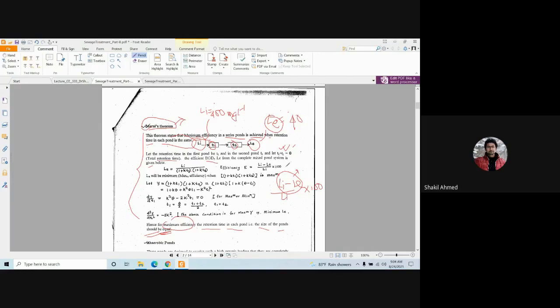Higher is the removal, higher is the efficiency. So this is the amount that is removed, and this is the division by the actual amount. So you get the fraction, and then you multiply it with 100, so you get the percentage removal. So this is basically percent removal.